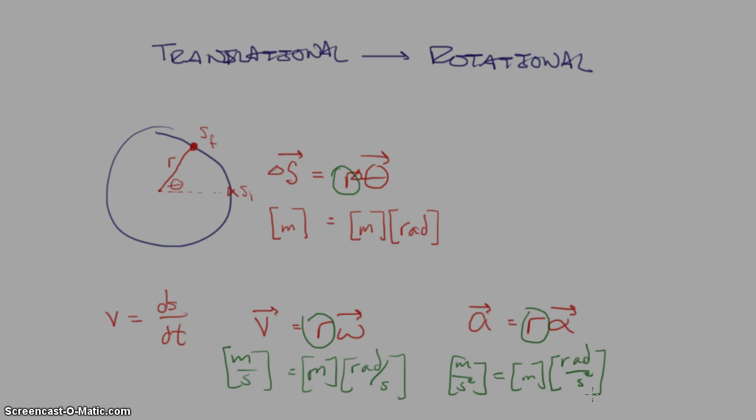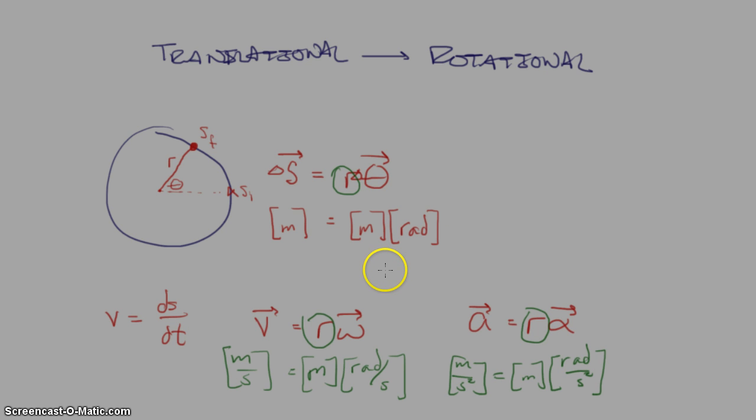The reason I'm pointing that out is because sometimes rotational quantities are given in different units, just like translational ones could be meters per second, miles per hour, kilometers per hour, or any of those sort of things. Rotationally, we could talk about revolutions, or RPMs, or radians per second, or radians. So for these equations to work, we need to be in radians, radians per second squared for this page to work.